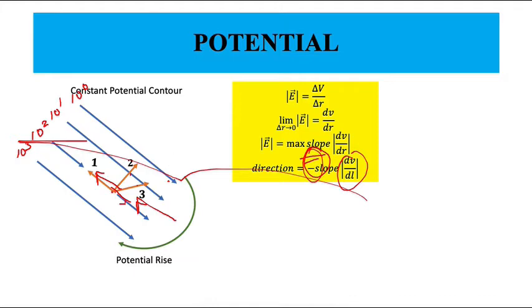Consider a uniform electric field. I have field lines which are horizontal to the right, and it is a uniform electric field. Okay, so what will happen to the potential if you go opposite to the electric field from some point, which I marked as x, to what I called 0?